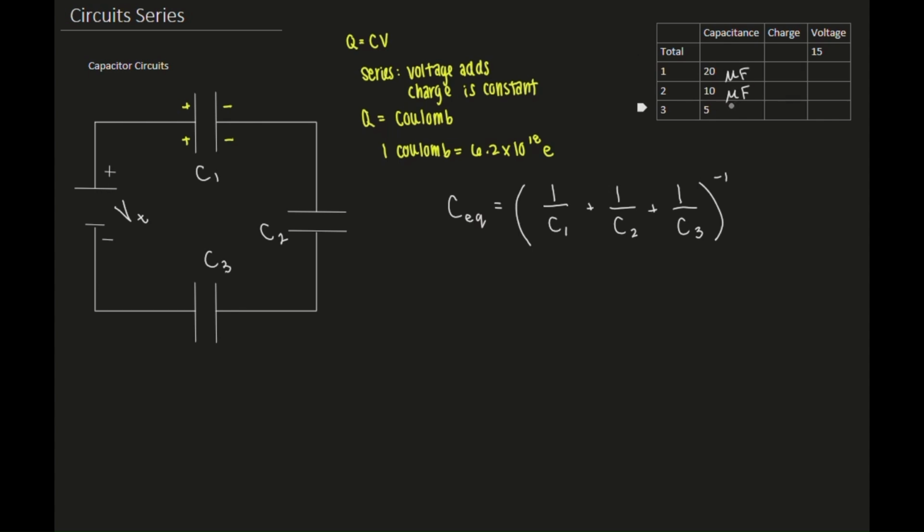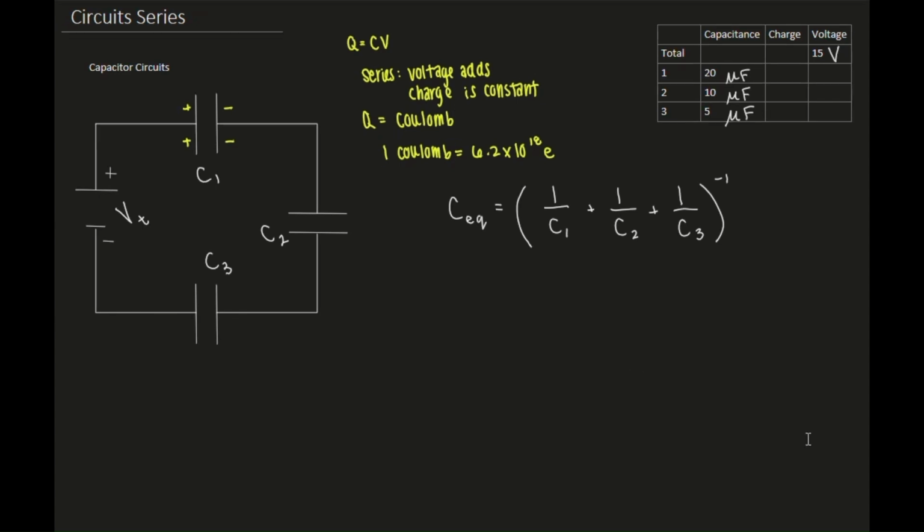They're very small. The most common unit you'll see for this is the microfarad. And again, for voltage, the unit is volts. And then we talked about coulombs being the unit for charge, which again is akin to 6.2 times 10 to the 18 electrons.